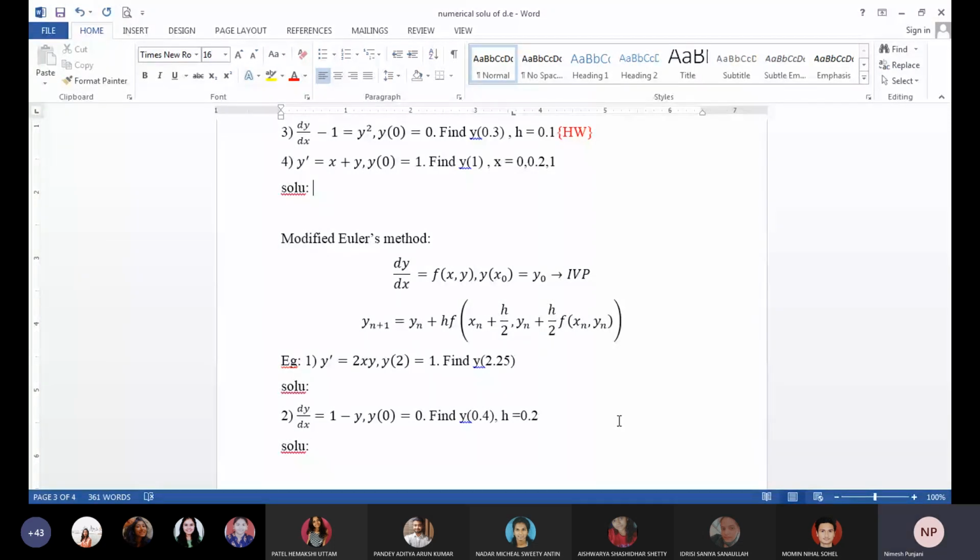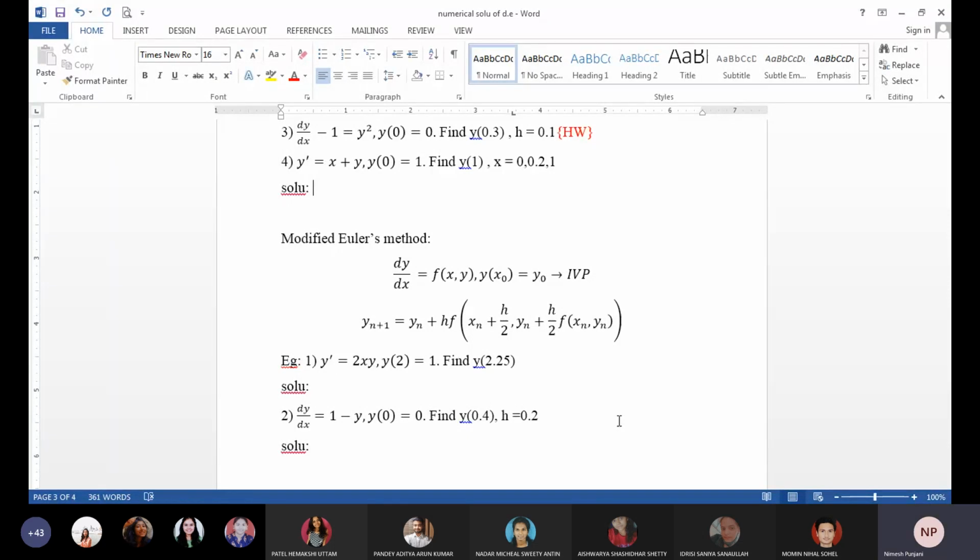Again I repeat, yn plus 1 is yn plus h into f of xn plus h by 2, comma yn plus h by 2 multiplied by f of xn, comma yn. This is the iterative formula for the modified Euler's method.